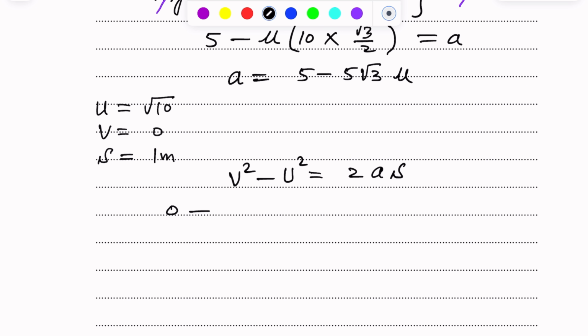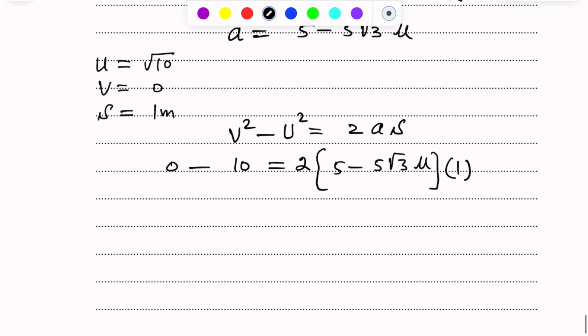Initial speed square is 10, is equal to a, which we have just found, 5 minus 5 under root 3 mu, into s. S is 1 meter. So we get from here minus 10 is equal to 10 minus 10 under root 3 mu.